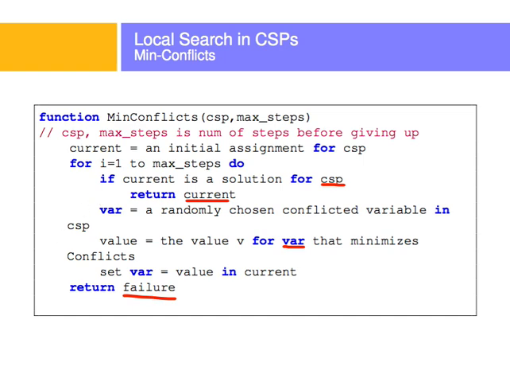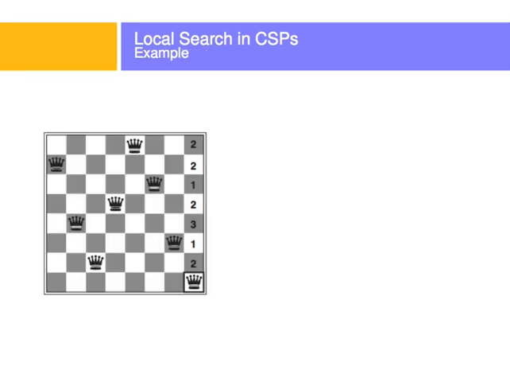But just doing this algorithm improves a lot of things. As an example, we have the 8 queens problem, and these are the number of conflicts I will have if I move the queen to each one of these positions. So of course I want to move it to one of the lowest ones. Randomly, I'll move it to this one. Now there's a conflict with this queen.